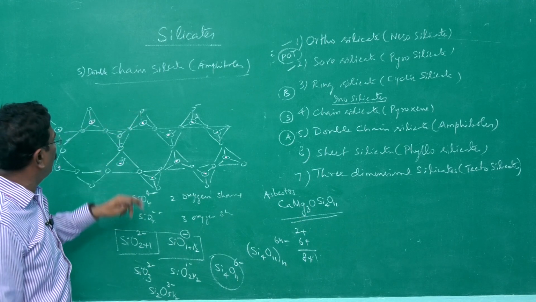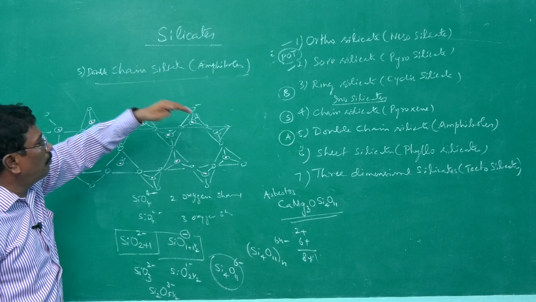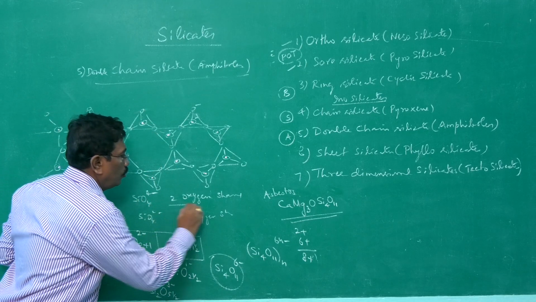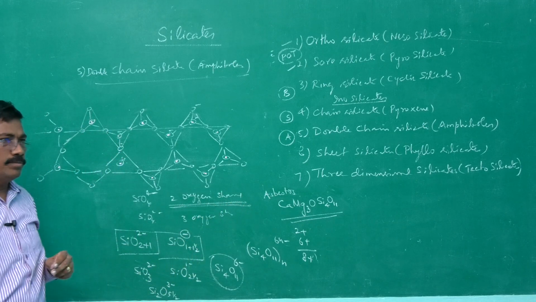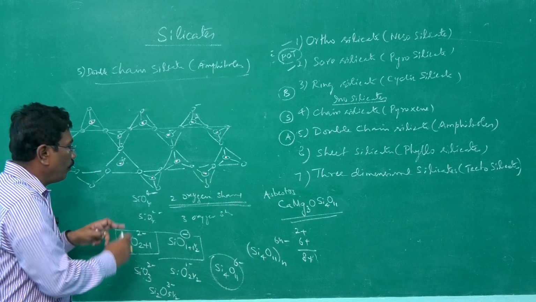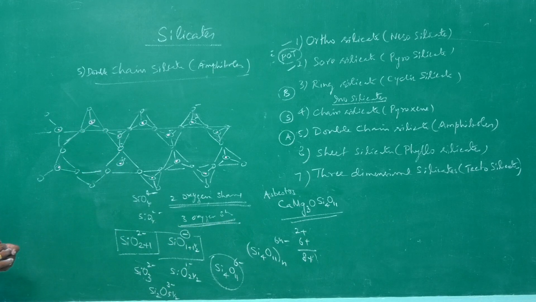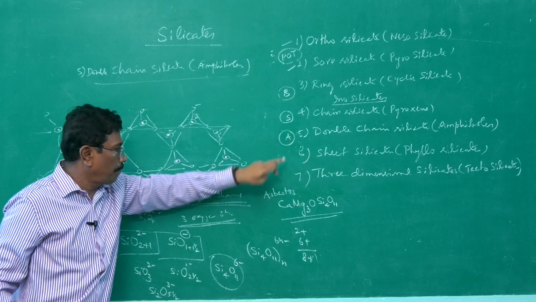In the previous case, in the double chain silicate, certain SiO4 units share 2 oxygen atoms. In certain SiO4 units, 3 oxygen atoms are shared. Likewise, we said in double chain silicate or amphiboles. Example, asbestos we have seen.